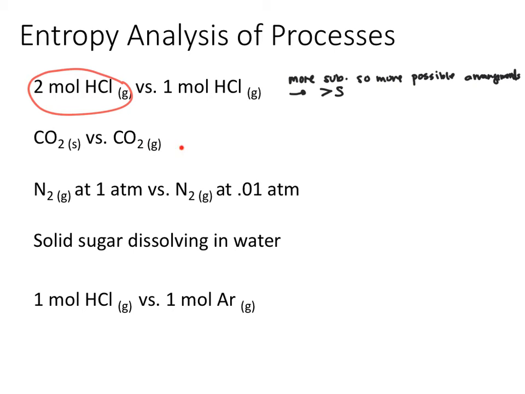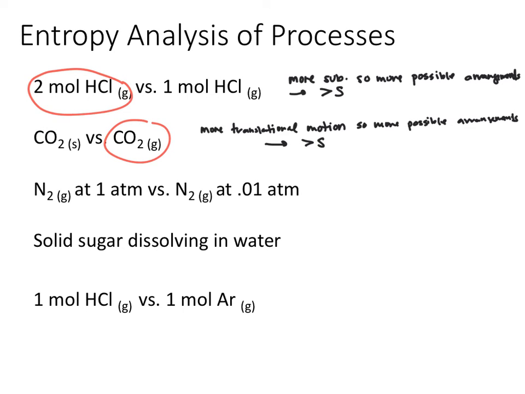Okay, so we know that the gas phase has basically more options to move. It has more translational motion. Okay, and the more translational motion you have, the more possible arrangements. The more possible arrangements, obviously, the more entropy. So CO2 gas is going to be the phase that is going to have more entropy.